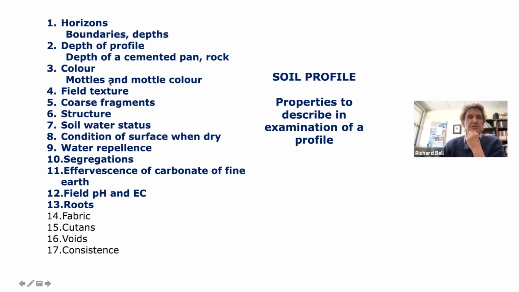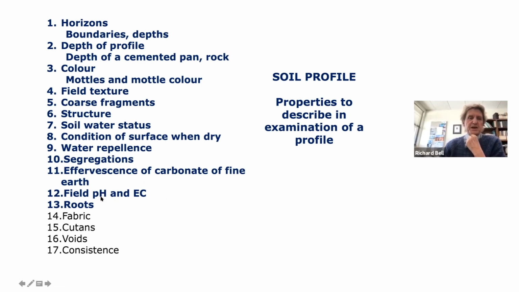The colours of the different layers and whether the colours are uniform or mottled. The texture, the presence of coarse fragments, the structure of the soil, what's the water status, what's the condition of the surface, so is it loose or hard setting, compacted, water repellent, segregations, whether there's any free carbonate in the profile, which would indicate alkalinity.